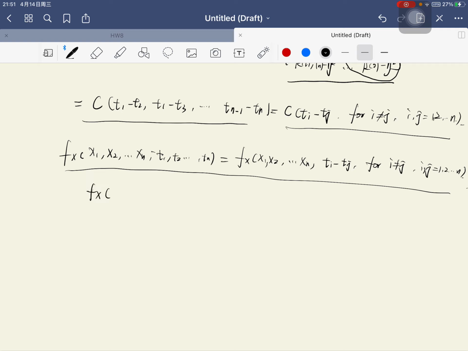When we shift the time, we write it as t1 plus epsilon, t2 plus epsilon, and tn plus epsilon, and it equals this form.